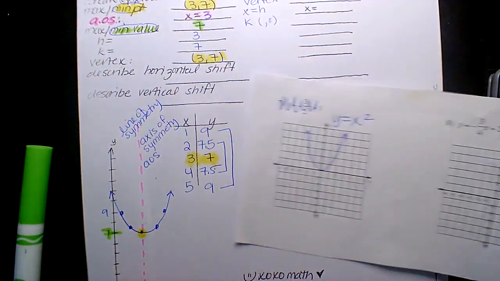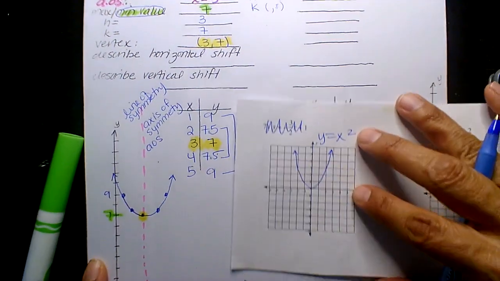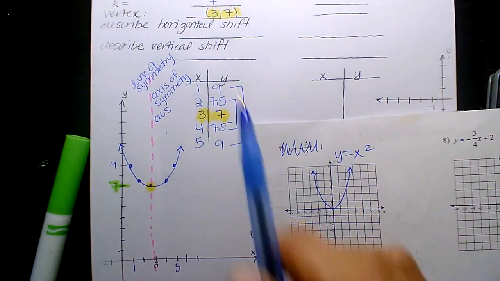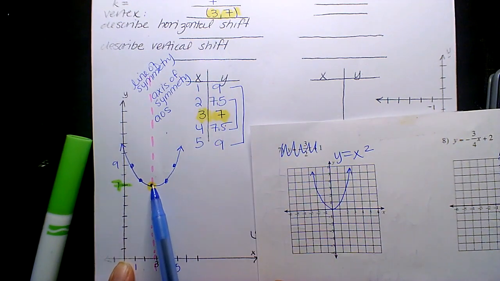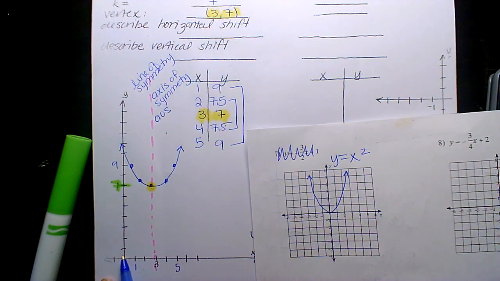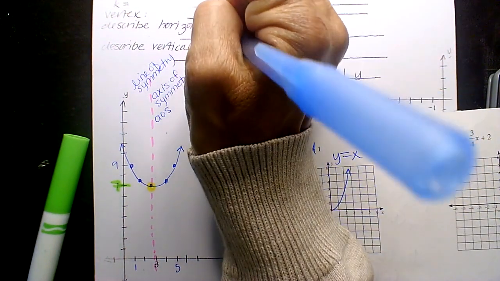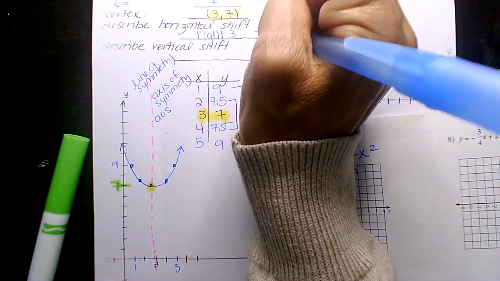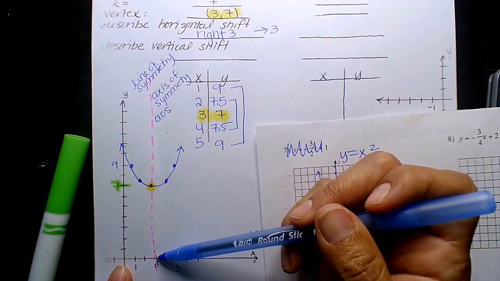In regards to this one, my vertex is at 3, 7. So horizontally, how do I go from 0, 0? How many units do I move it to the right? 3. So I go right 3. Or you can even just arrow 3. And then how many units up or down? 7. Up 7.